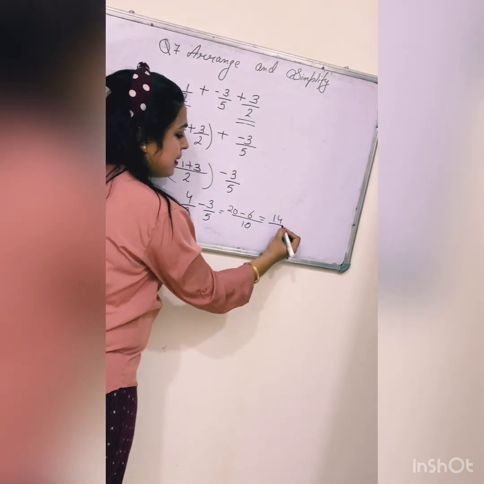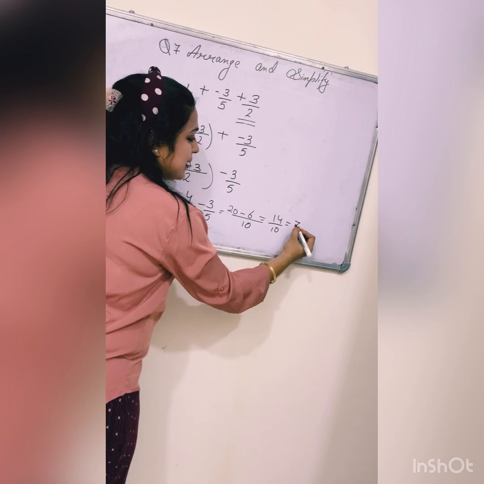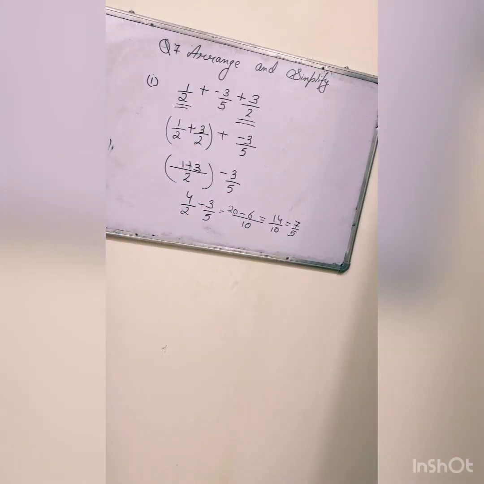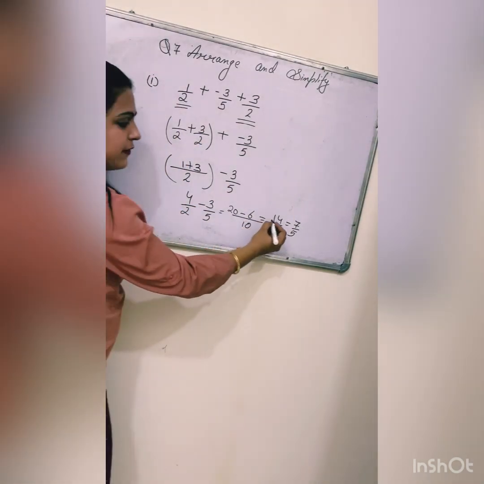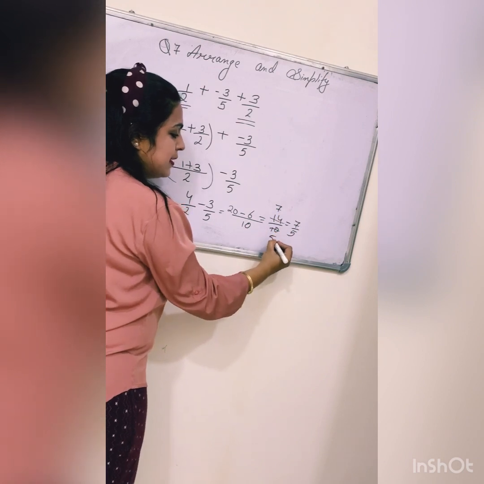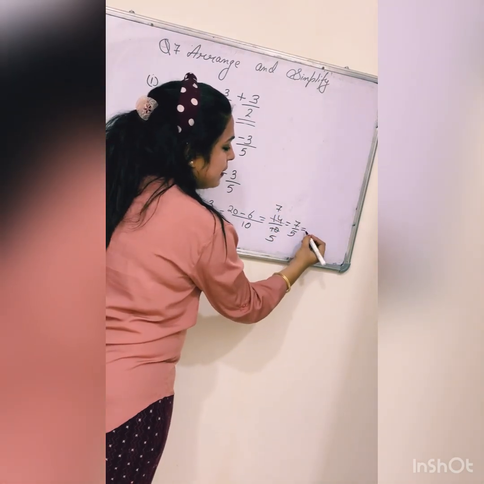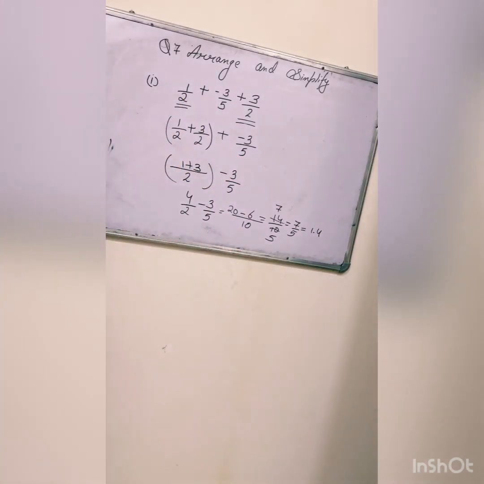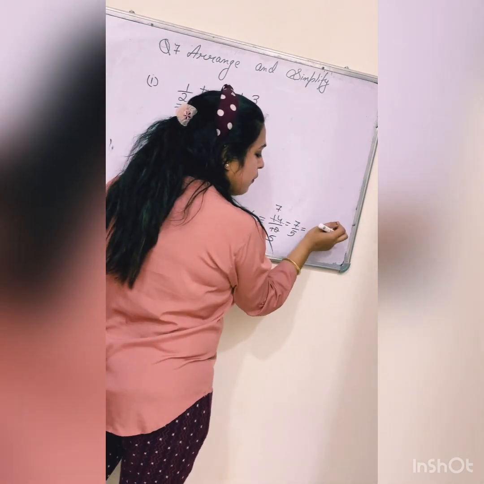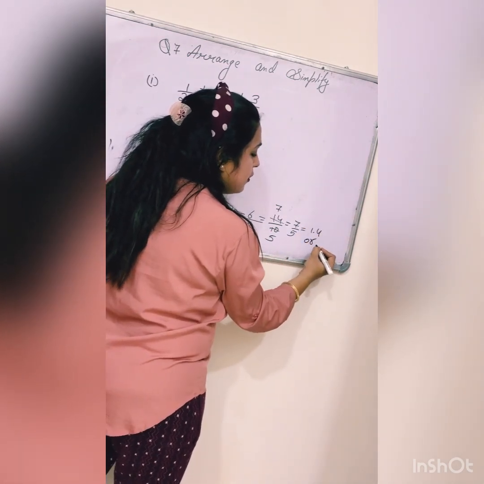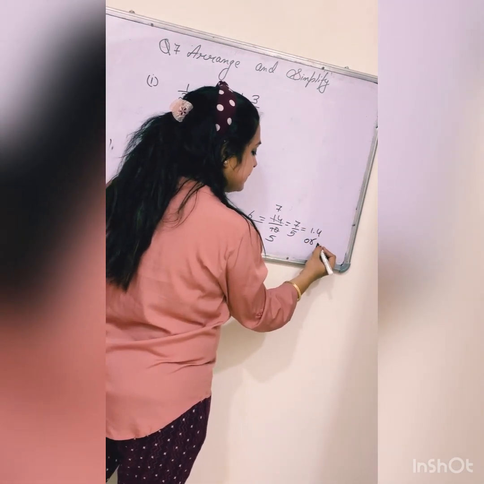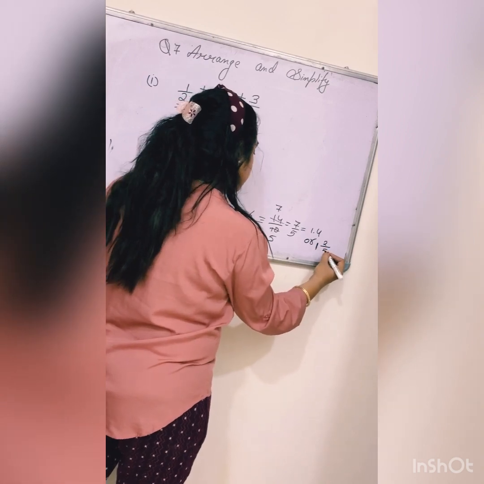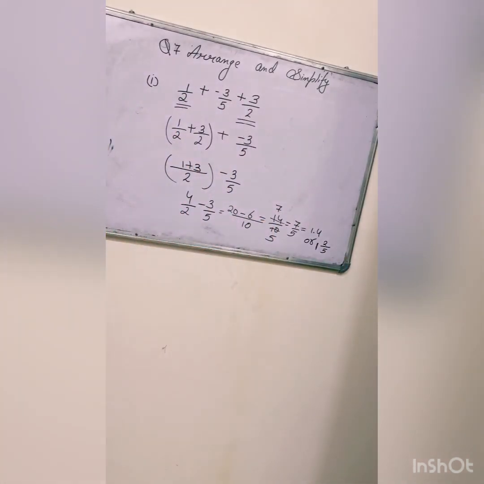This will be 14 by 10, that is 7 by 5. 7 by 5: 2 7s are 14, 2 5s are 10, so it will be 1.4. So this is your answer. Or you can write it in whole also: 1.4 or 1 whole 2 upon 5. In either way you can write it.